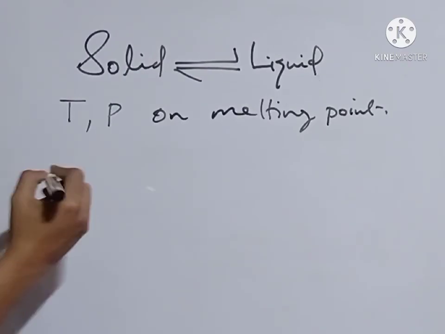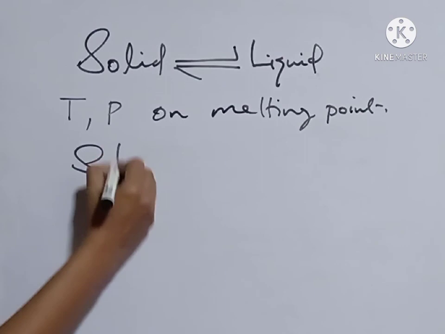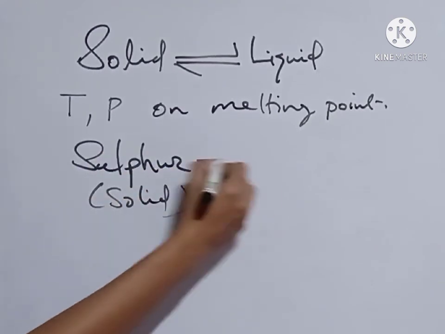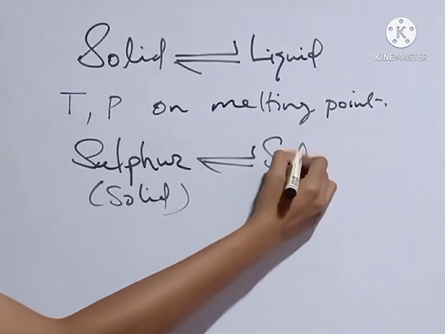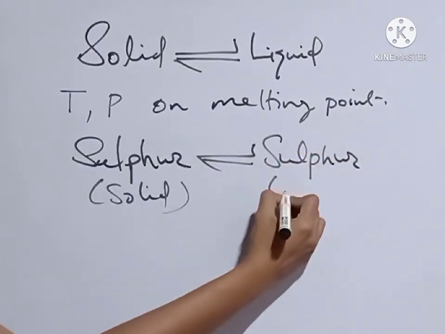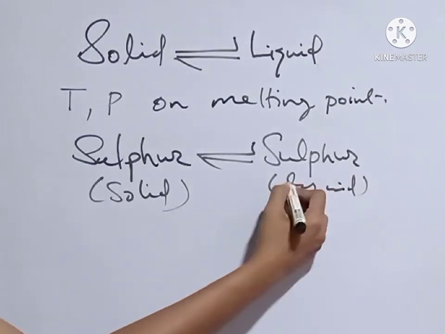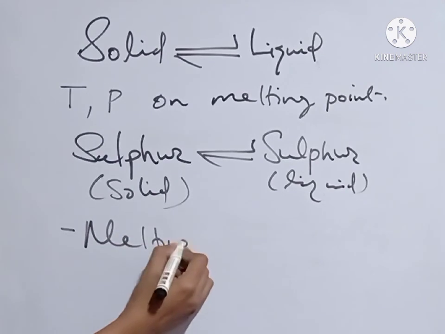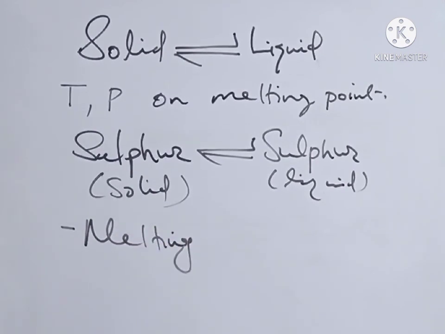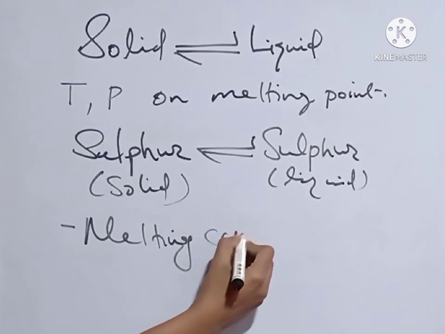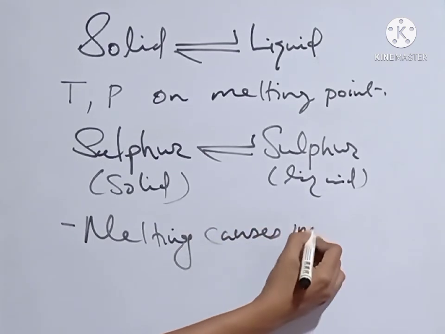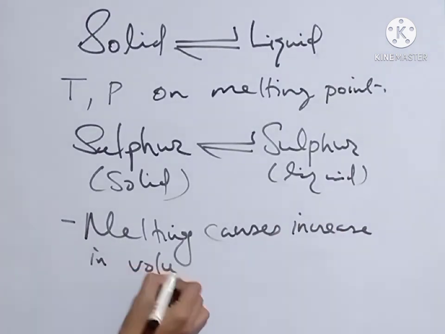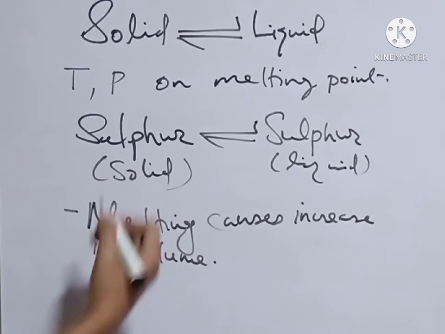Then if we talk about the case of sulfur, that is solid sulfur to liquid sulfur, melting causes an increase in volume. Thus, a decrease in pressure is favored.